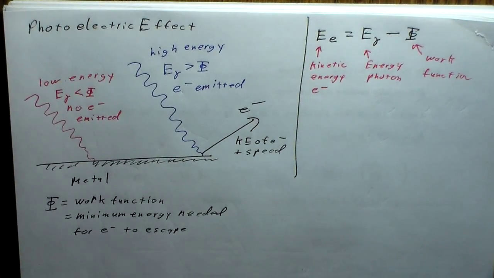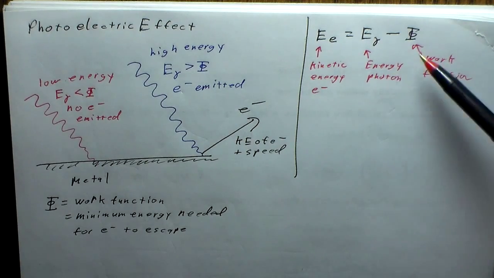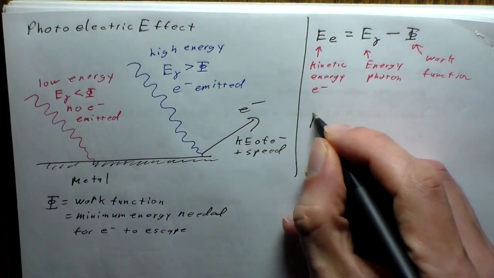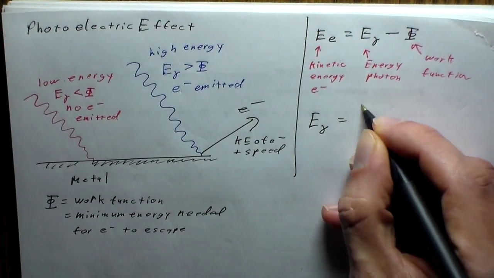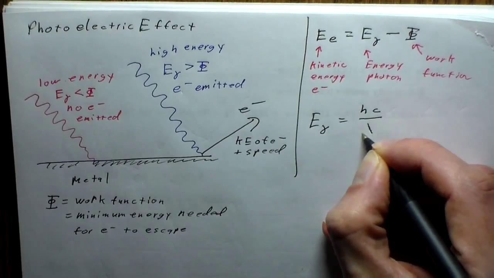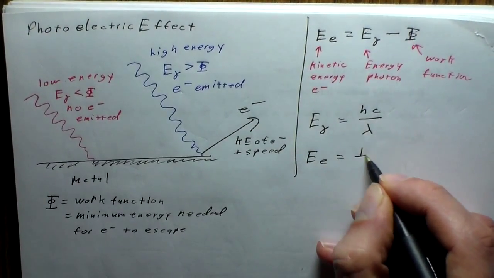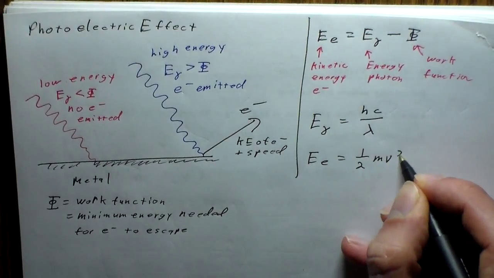So that's all the information we need to go through a little example problem. Oh, and to remind ourselves, this is an equation we saw earlier: the energy of my photon is going to be hc over lambda, of course, and the energy of my electron is going to be the kinetic energy, 1/2 mv squared.